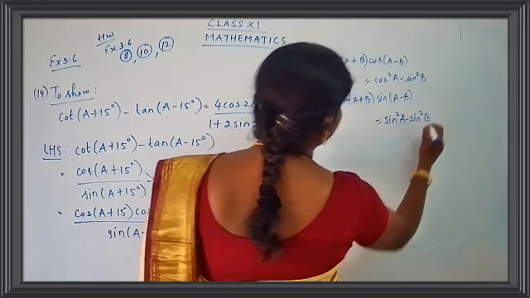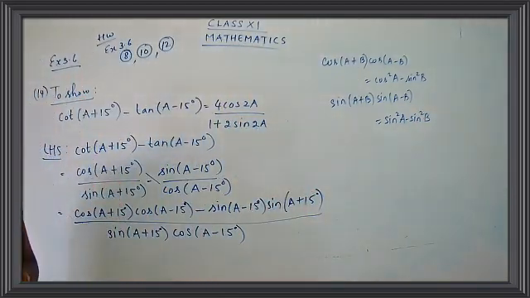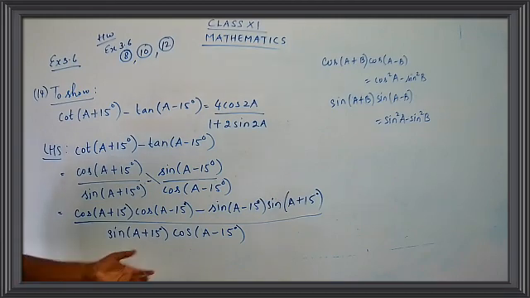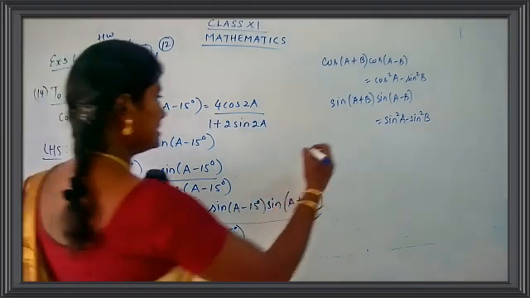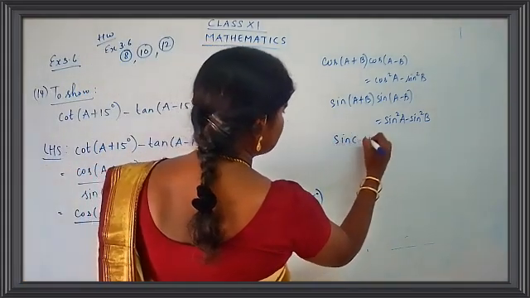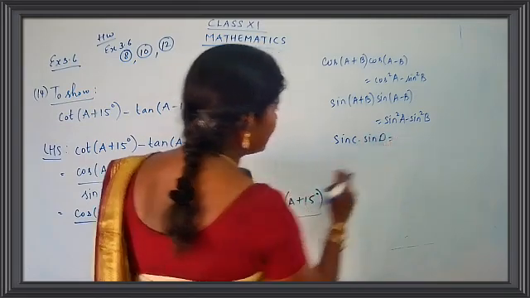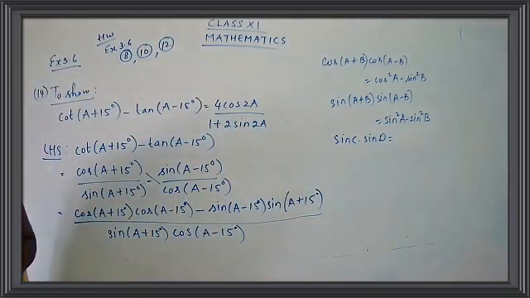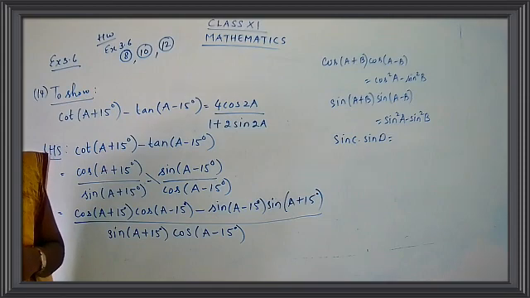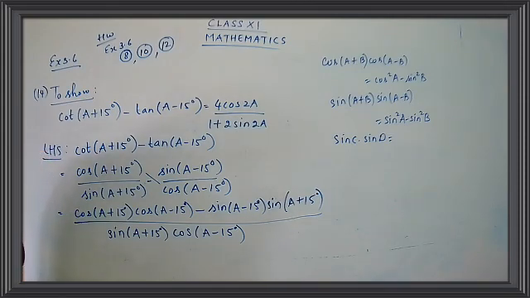And this is sine A cos B. So you have to write down the formula for sine C into sine D. What is the formula for sine C sine D? So many formulas we have to apply.